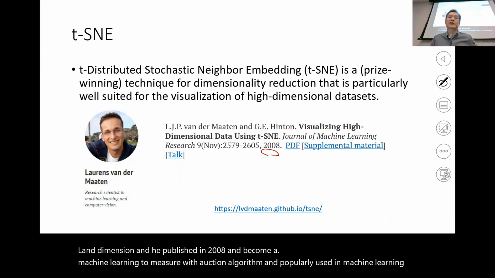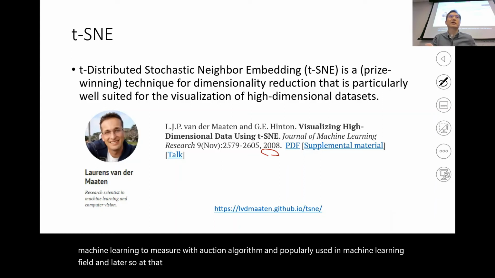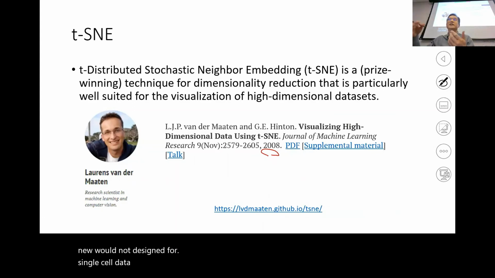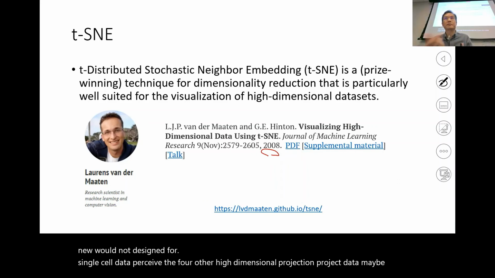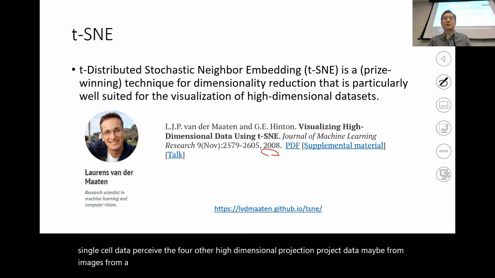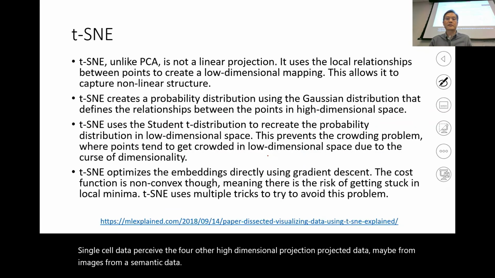And at that time, single cell data hadn't become available yet. So the application of t-SNE was not designed for single cell data per se, it's for other high dimensional data, maybe from images, from semantic data and other applications.